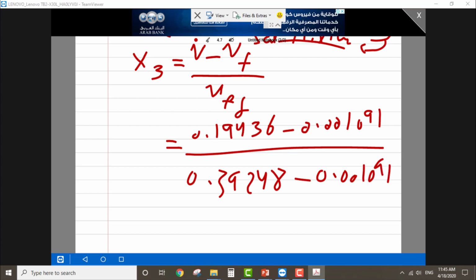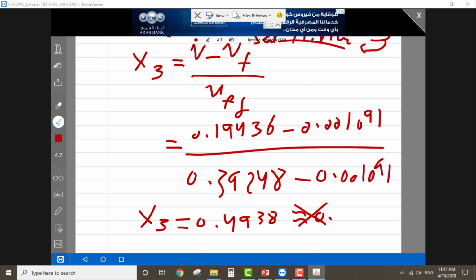If I use my calculator, x3 equal to 0.4938, which is almost 0.5, but we don't do an approximation.